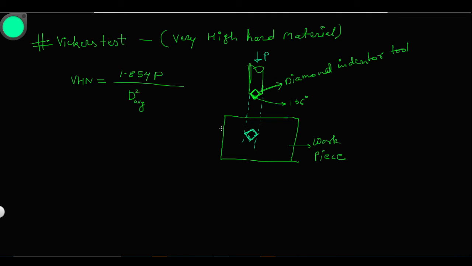Suppose this diameter of indentation is D2 and this is D1. So the average diameter of indentation will be (D1 plus D2) by 2. This average we use here.